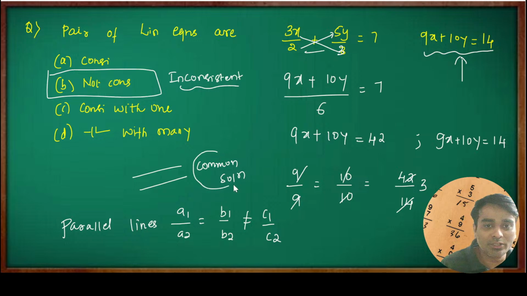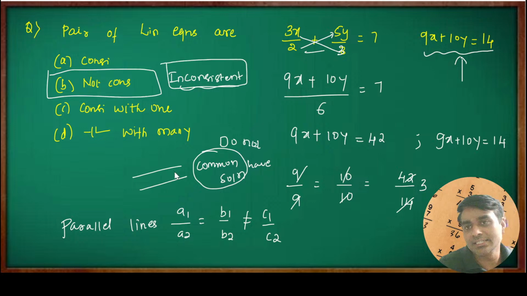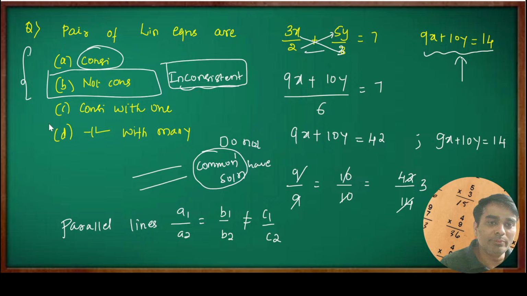If they do not have a common solution, then they are called inconsistent. If they have a common solution, then we call them consistent. Okay, so the answer was between A and B only. It was not about these two anyway. So among A and B, B is the right option.